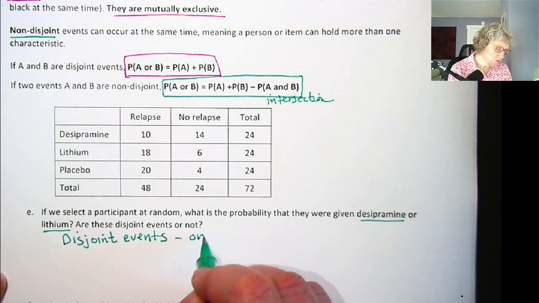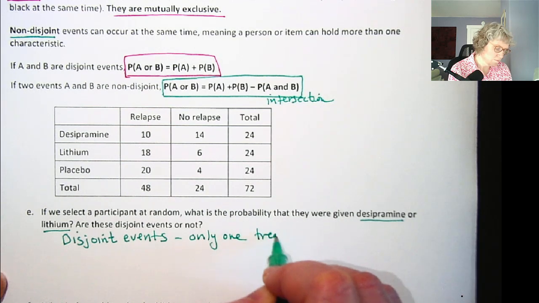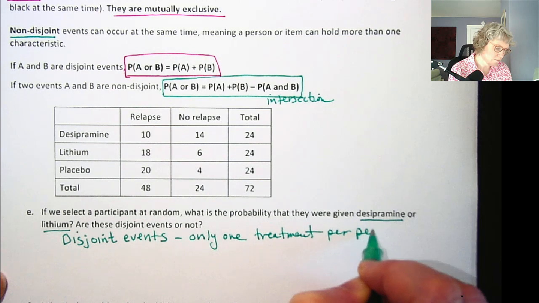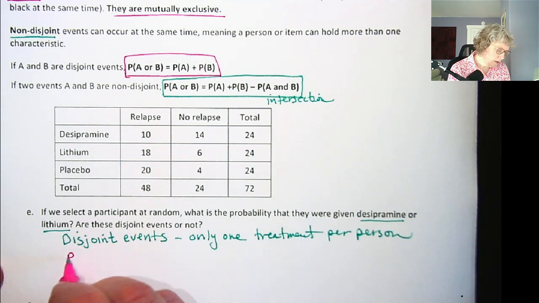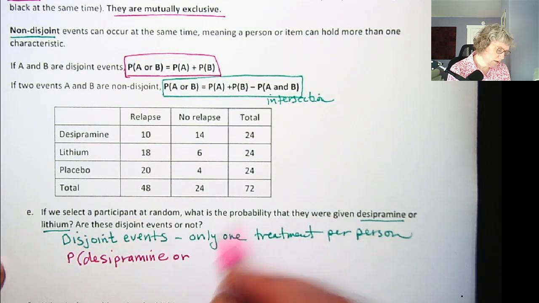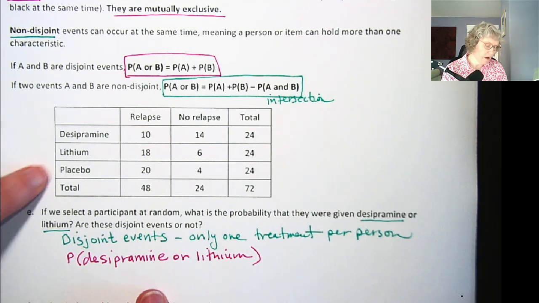Events, only one treatment per person. Okay, so then if we do the probability of desipramine or lithium, what's the chance they were given one of the two treatments and not the placebo?